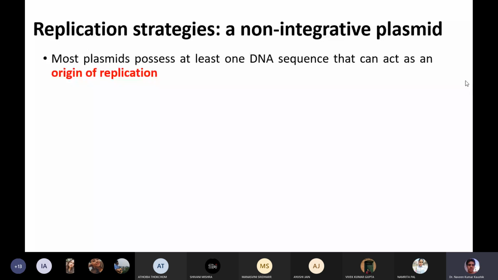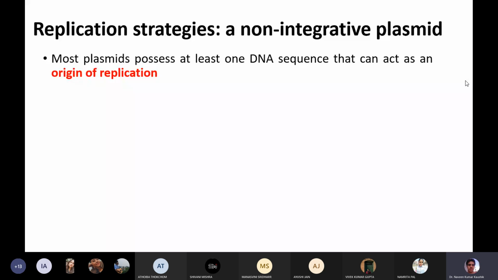So most plasmids possess at least one DNA sequence that can act as an origin of replication. This is the property of independent existence of replication. You all know that DNA replication is going to occur only if the origin of replication is there. Otherwise, DNA is not going to replicate. So most plasmids have at least one, though there may be more than one.